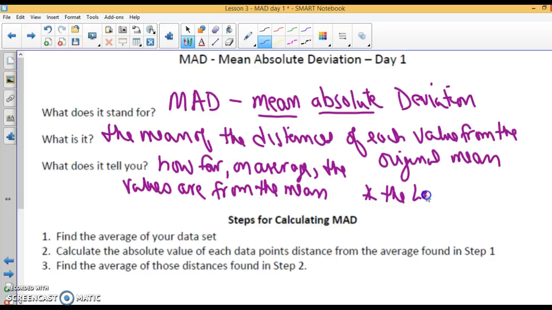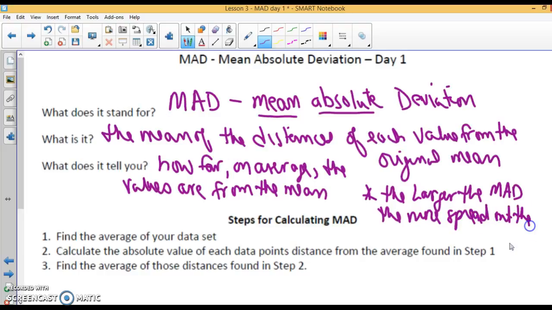The larger the MAD, the more spread out the data is. Okay, so the larger the MAD, the more spread out the data is.